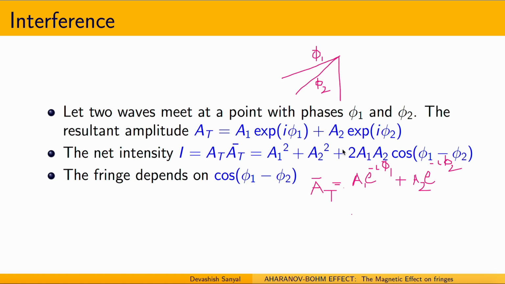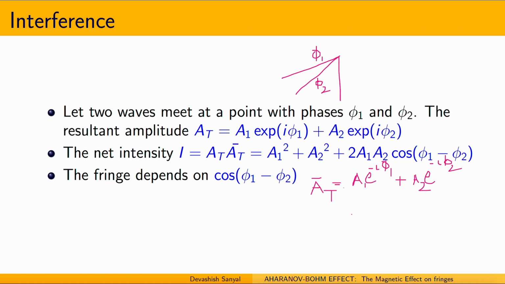That's how we get maximum intensity and minimum intensity. If phi 1 minus phi 2 is 0 or some integral multiple of 2 pi, you get maximum. So that is the concept of interference, and this is what we are going to use later on.